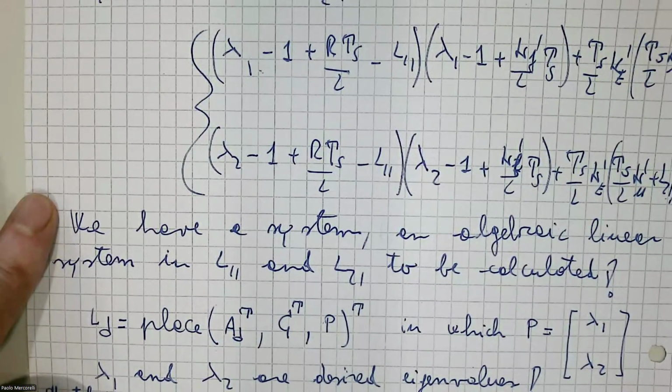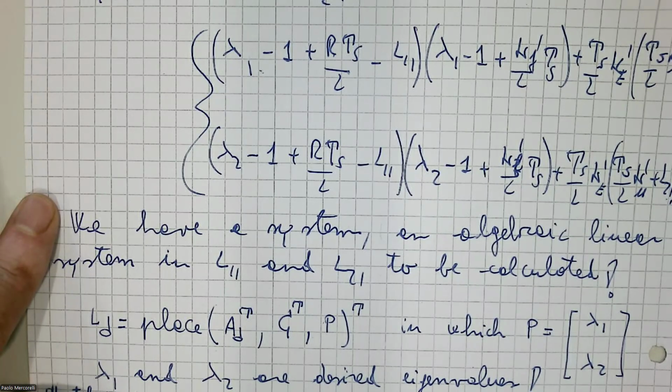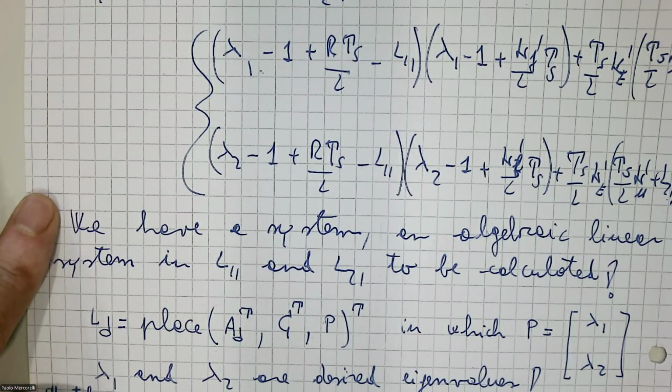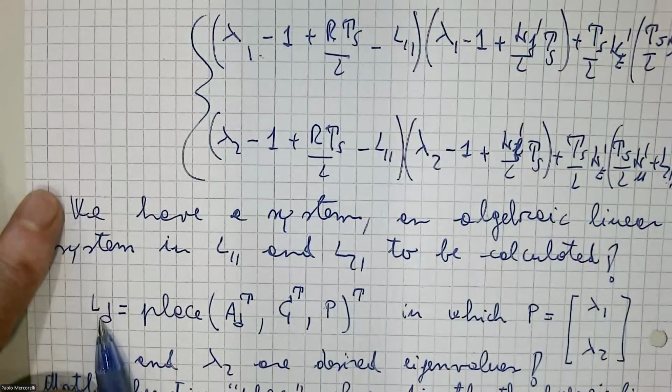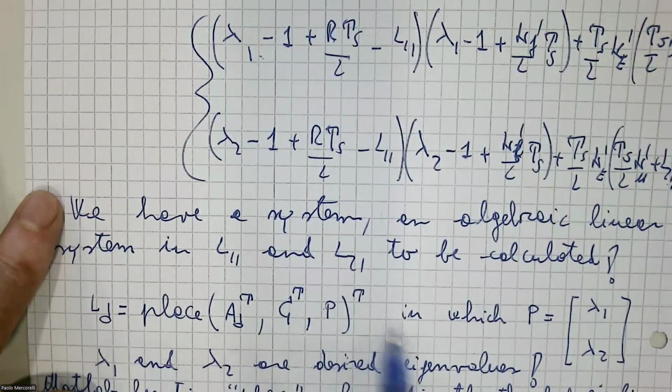Do you remember last time we used the function place to determine the controller. Last time the controller was the name we call K. Now it's L, discrete in particular.